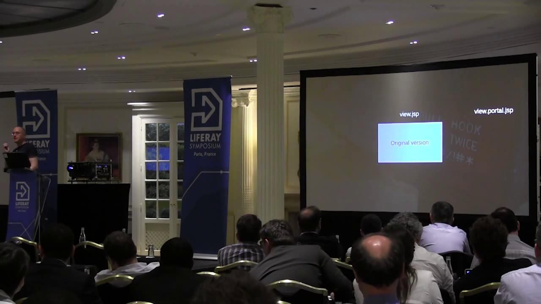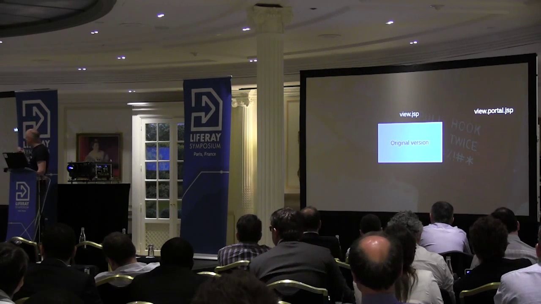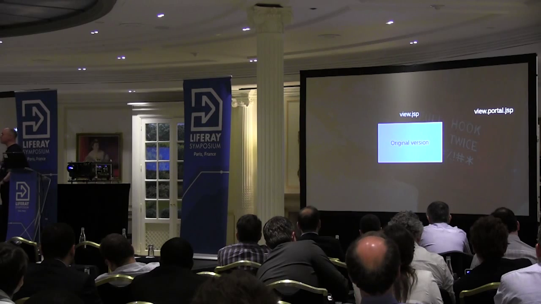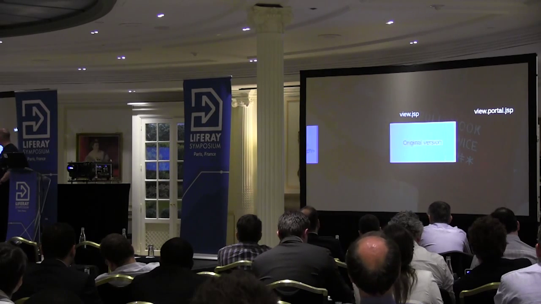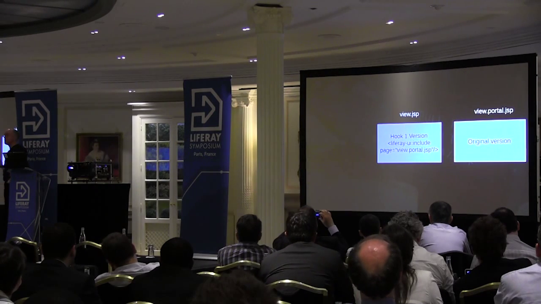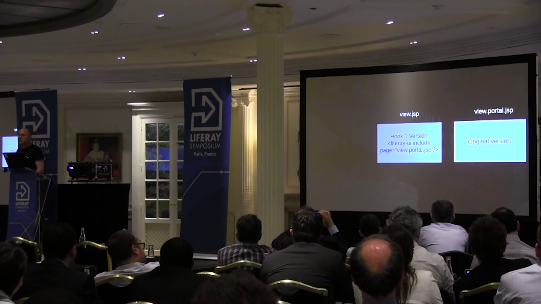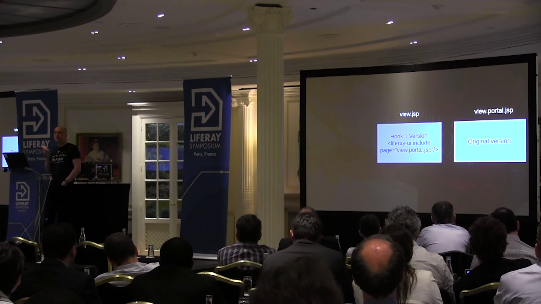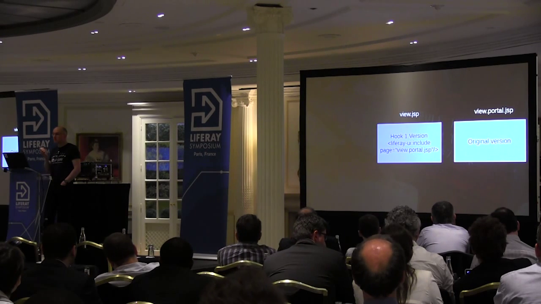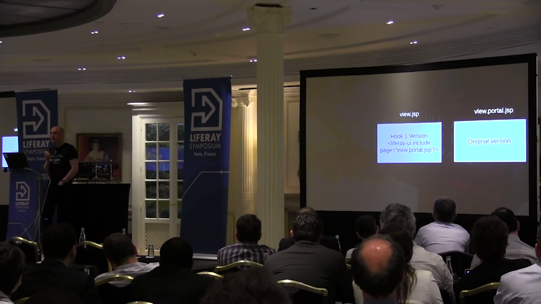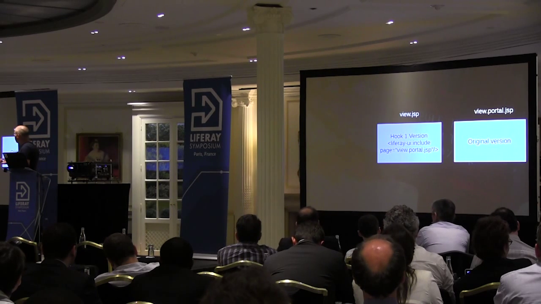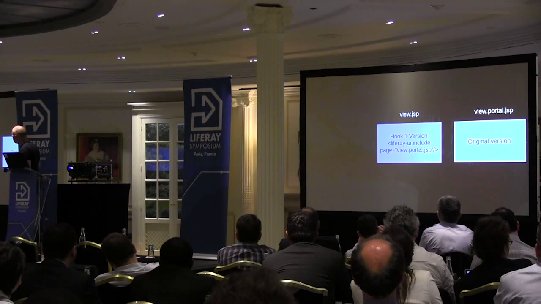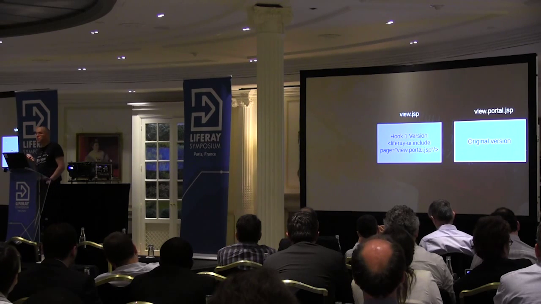Okay, what happens? Let's say Liferay's original version is this one. It's called view.jsp. So now you deploy hook number 1, which means the original version is renamed to view.portal.jsp, and the hook's version actually is stepping in as the new view.jsp. Now you might refer from view.jsp to the view.portal.jsp.